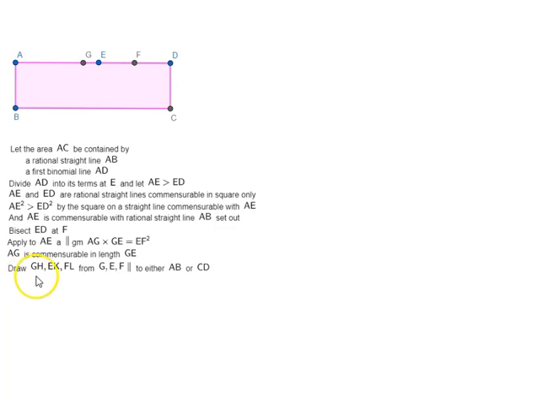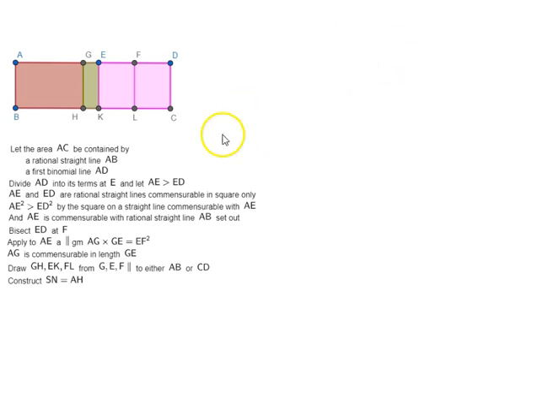So now draw GH, EK, FL parallel to either AB or CD. So let's draw those lines. Now construct SN equal to AH.